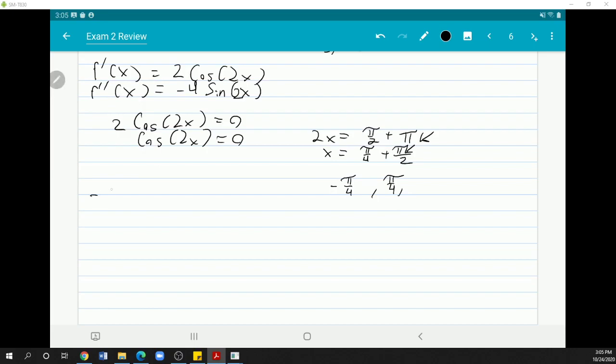So now I do my sign chart. Minus pi over 3, minus pi over 4, pi over 4, and then my last endpoint, which is 2 pi over 3.